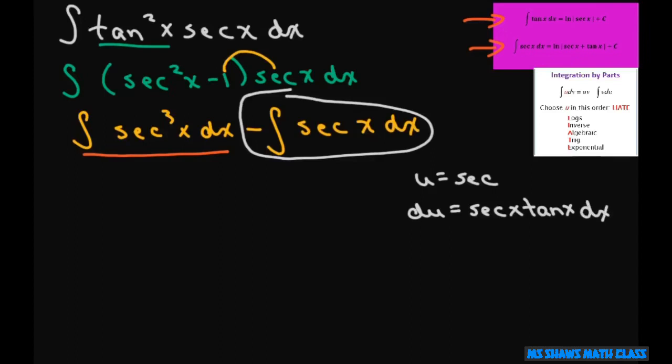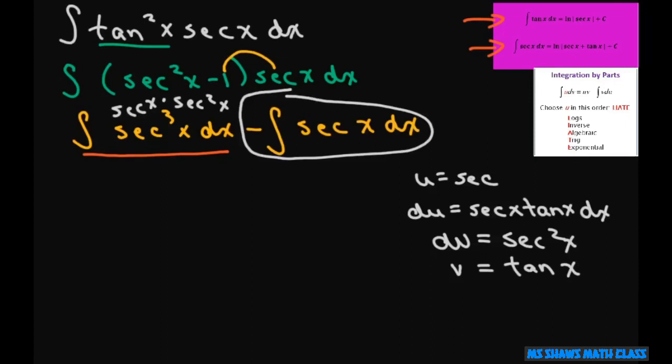And we're going to let dv equal secant squared x, because I'm going to break this down as secant x times secant squared x. Alright, so my v is just going to be tan x.